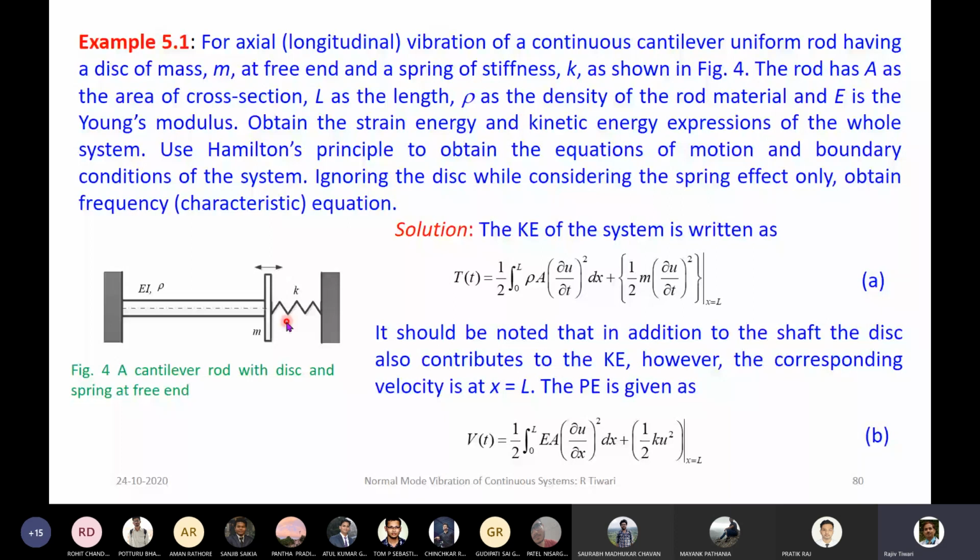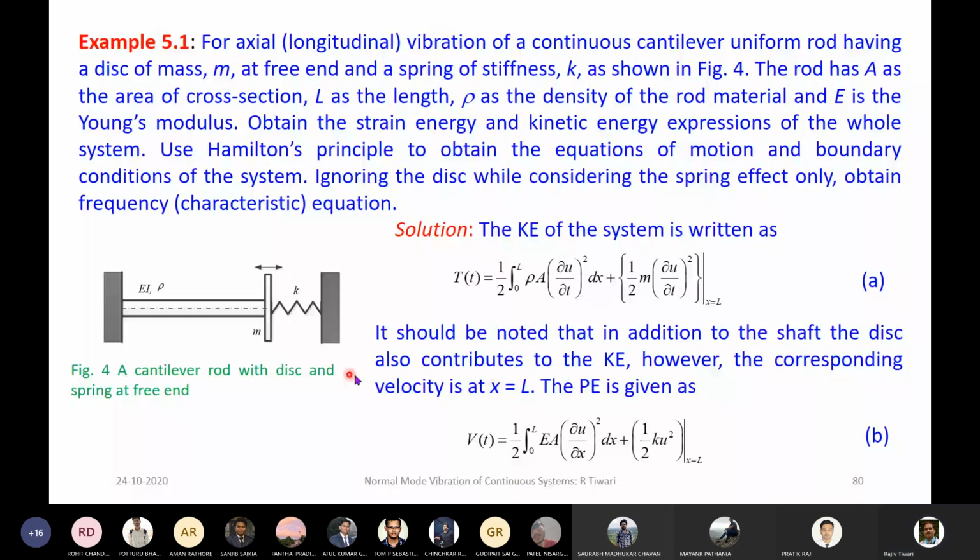The kinetic energy for the continuous part from 0 to L is given by this, and additionally we'll have the kinetic energy, half the mass of the disk times the velocity squared at x equal to L. Whatever the velocity of the beam at x equal to L is, that will be the velocity of the disk in the axial direction. So this is the additional kinetic energy part which we are adding.